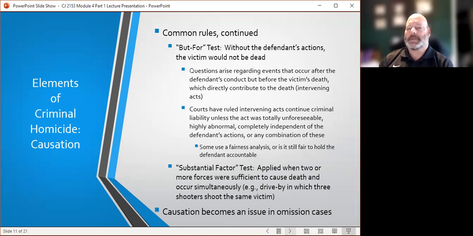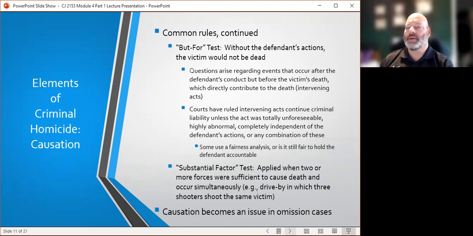Common rules of causation include the but-for test, and this means that without the defendant's actions, the victim would not be dead. Questions arise regarding events that occur after the defendant's conduct, but before the victim's death, which can contribute to the death, or intervening acts.